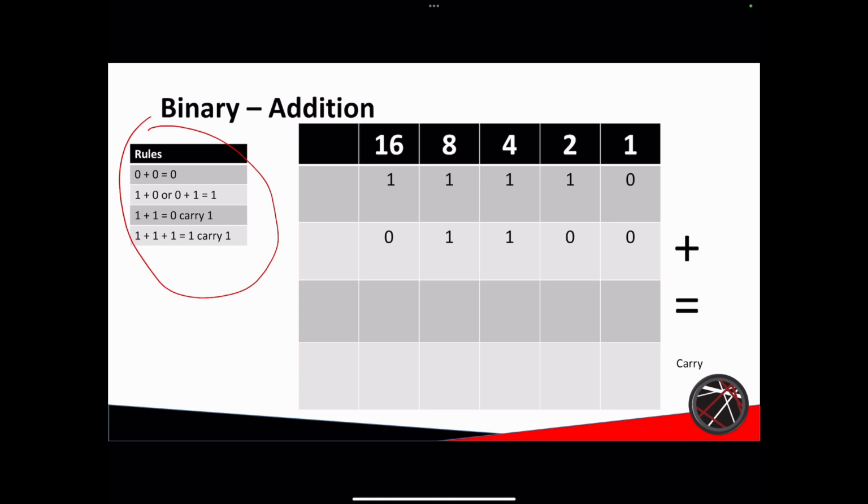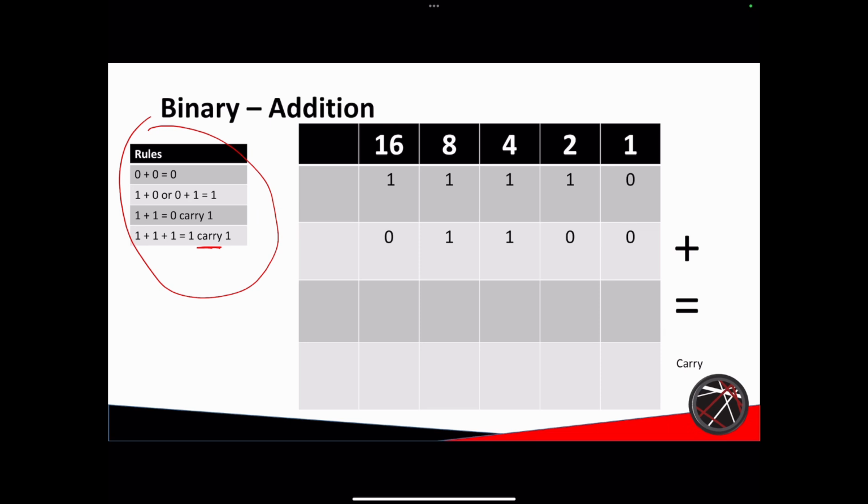We have 1 plus 1 equals 0, carry 1, and therefore 1 plus 1 plus 1 would be 1, carry 1. What I mean by a carry is that part of the calculation, the answer effect, is carried on to the next bit. I'll demonstrate what I mean with this scenario set up here.